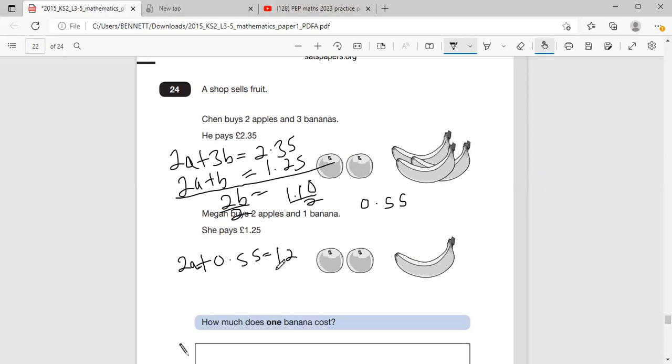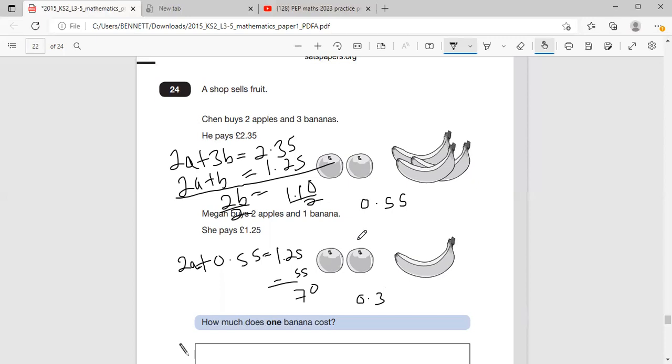So let's subtract 55 from 125 and then divide by 2. That leaves 70, and then you divide by 2. So that costs 35 cents. So 1 apple costs 35 cents.